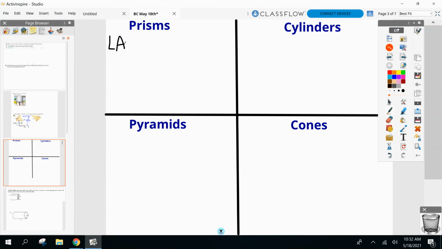If lateral area is being asked for on the quiz, we are asking for the area of all faces, excluding our what? Bases. Exclude.